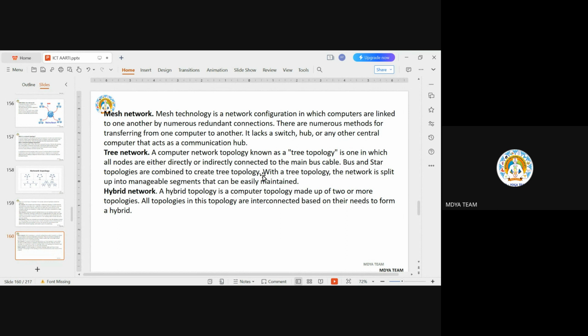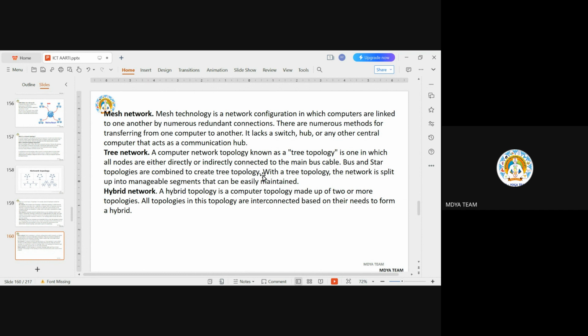But now you can collaborate the bus topology and star topology together, where one cable is present in which more than two or three star topologies are connected with that cable in the form of the bus topology.